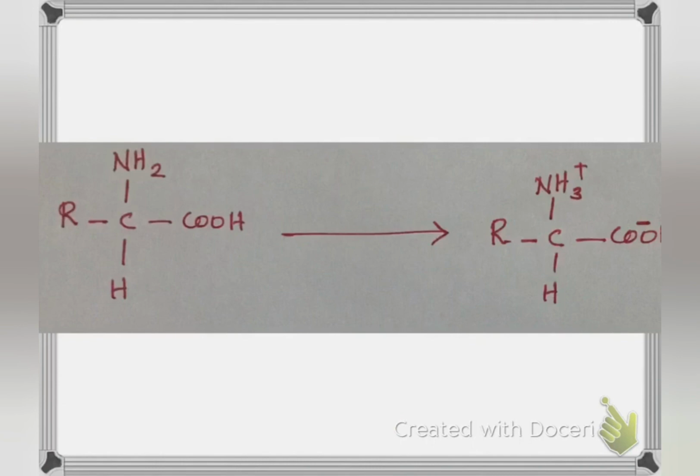So what are Zwitter ions? Zwitter ions are molecules which contain an equal number of ionizable groups of opposite charges. So the net charge is 0.